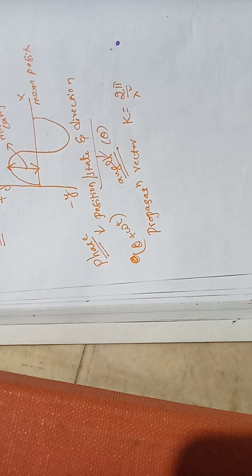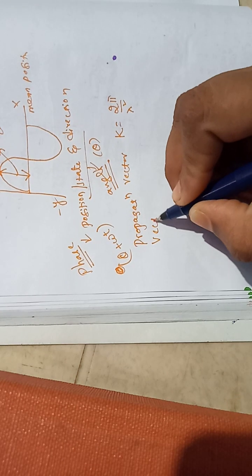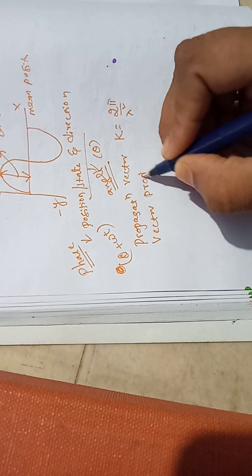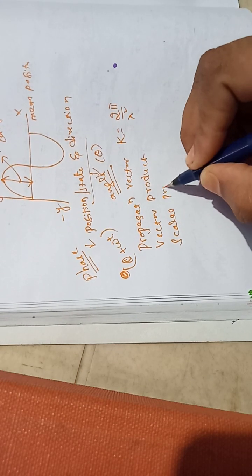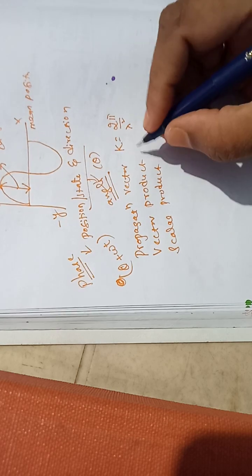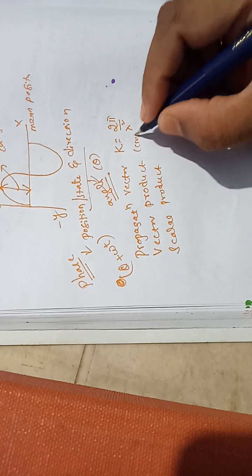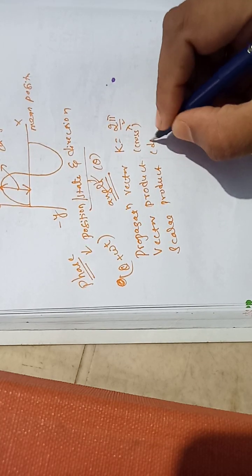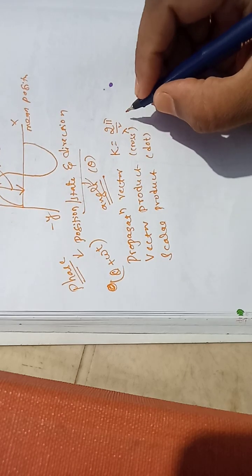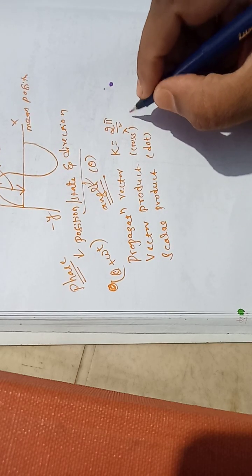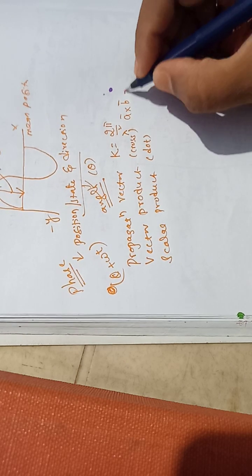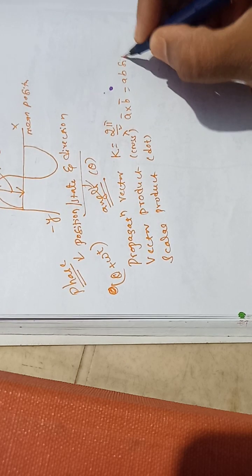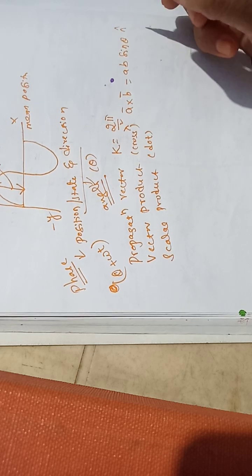Next, vector product and scalar product. The vector product can also be called the cross product. This we call the dot product. If we take two vectors, the cross product between two vectors we call the vector product, and it is AB sin theta n, where n is the unit vector.